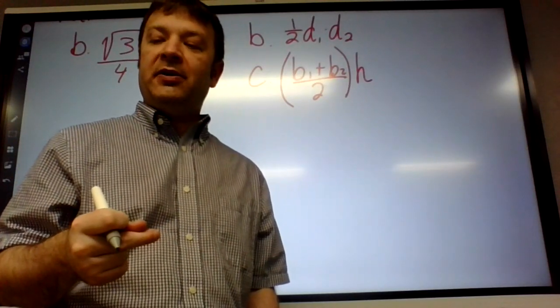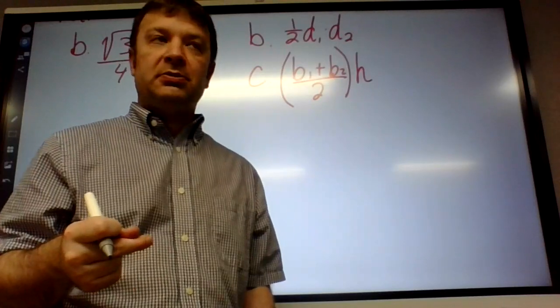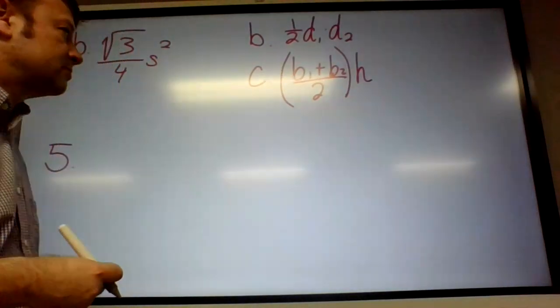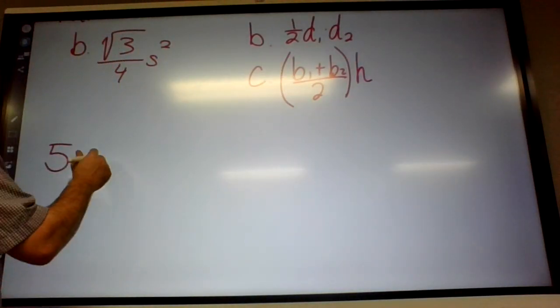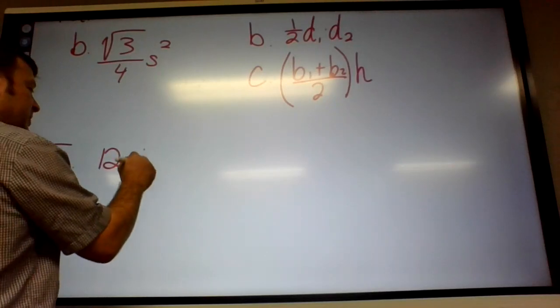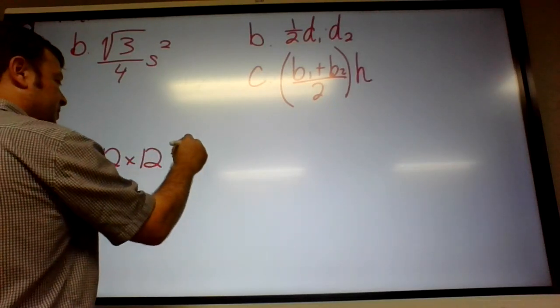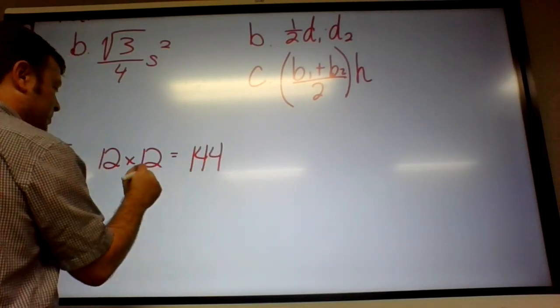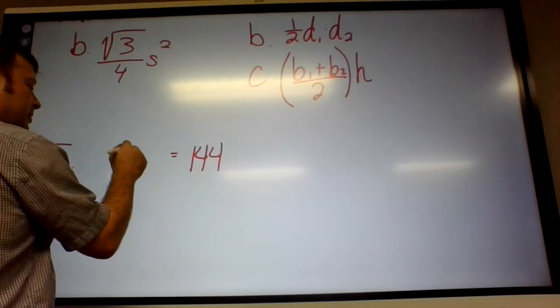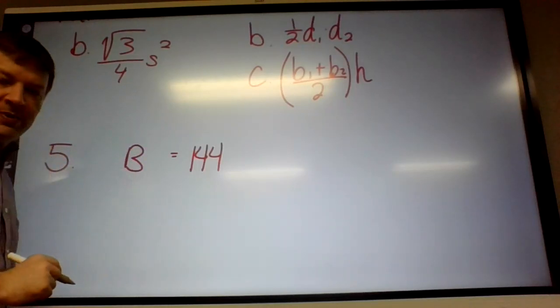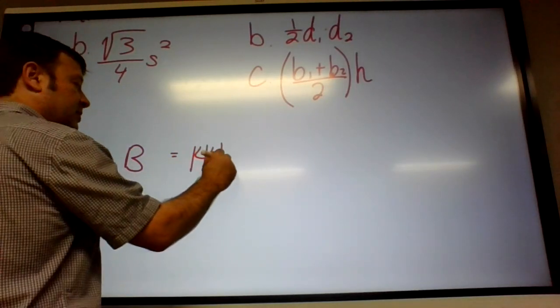So how do I find the area of that square? 12 times 12, yes. Base times height, in this case they're both 12, so it'd be 144. I'll just put B for base, 144 millimeters squared.